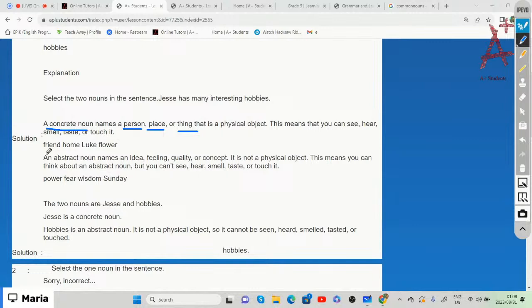Same with wisdom, right? Wisdom is not something that you can look at somebody and say that this person is wise, right? Or this person has wisdom. So we just assume that we can see, but we don't know how wisdom looks. We don't know how wisdom sounds like, how it tastes, or even how it touches or feels, right?